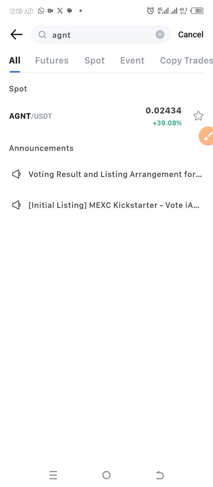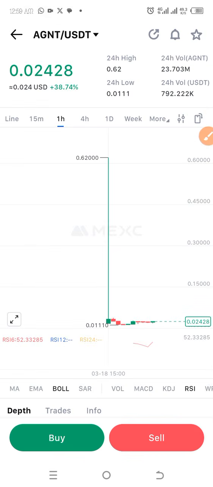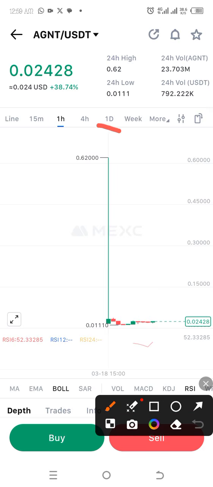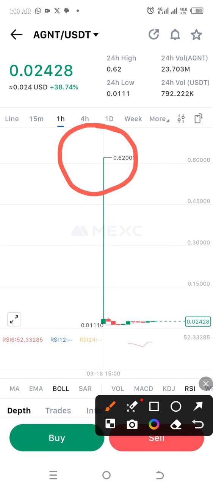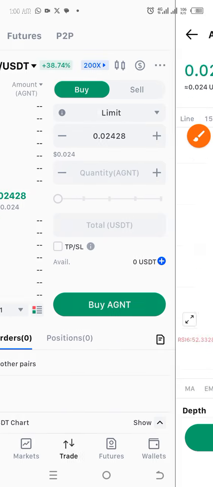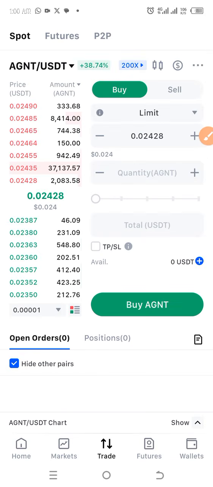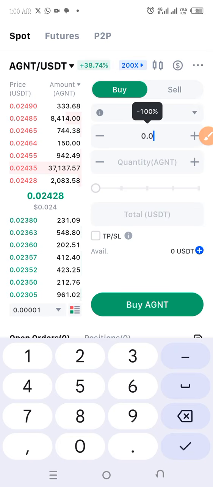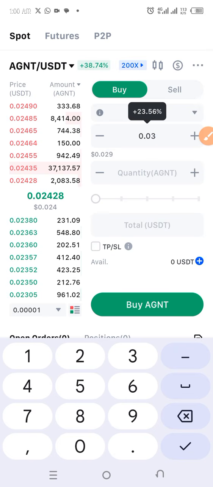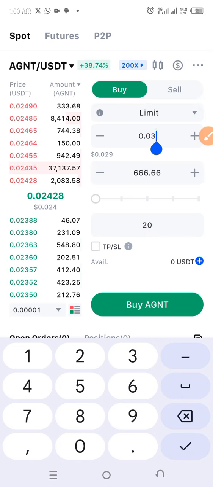Here is the current price now. They haven't updated it. So here it was listed at this price, 0.62. This is the price that it was listed at. Although it was listed below, it pumped to this price. And let's assume you were lucky to buy maybe $50 or even $10 at the market price then, because it was 0.03 here, and you buy maybe $20 on the IDO, and it was now listed at 0.6, and look at how much you will have made yourself.